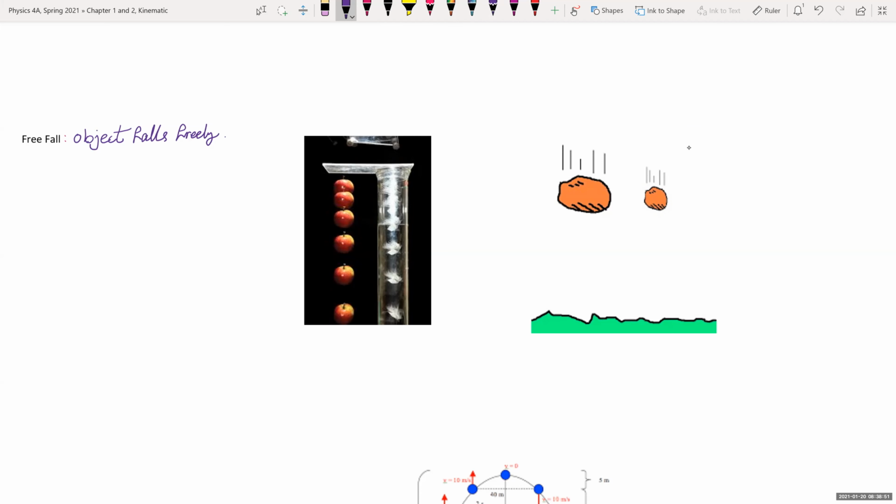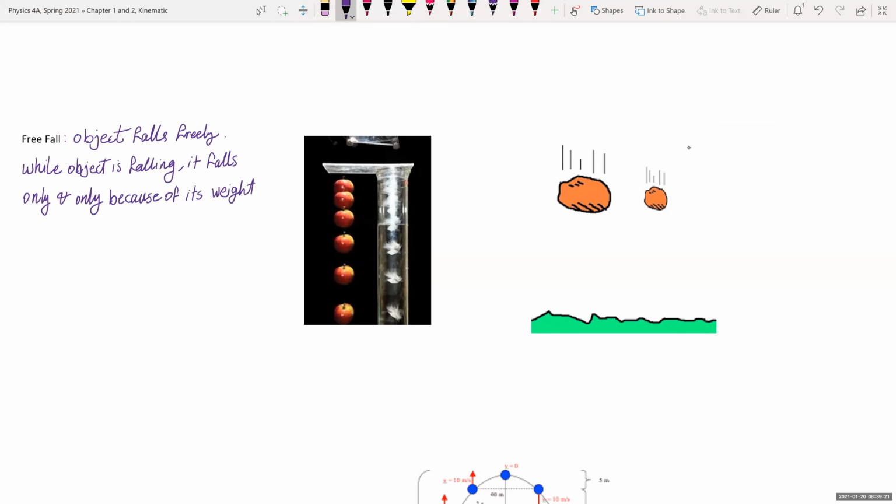While the object is falling, it falls only and only because of its weight.